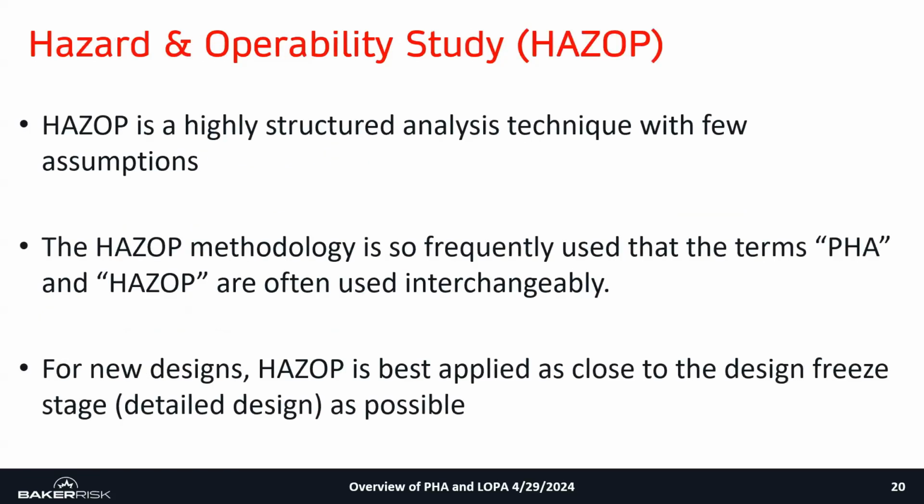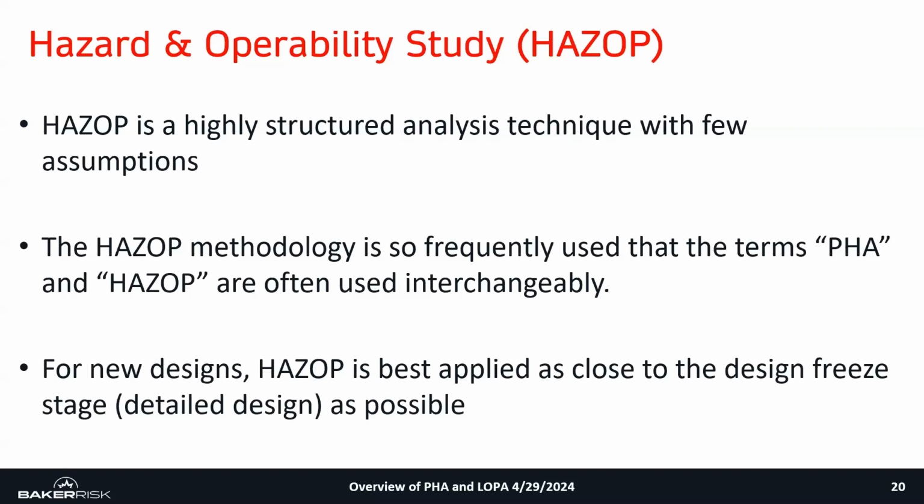Another common one is hazard and operability studies, or HAZOP. HAZOP's very structured. It's used pretty commonly in industry. In fact, the terms PHA and HAZOP are typically used interchangeably. HAZOP's best applied when you're in the project phase where you're completing detailed design.